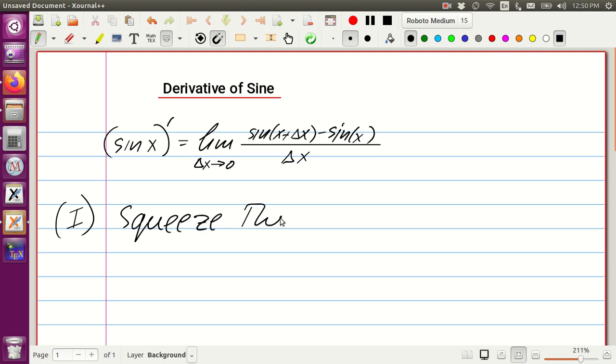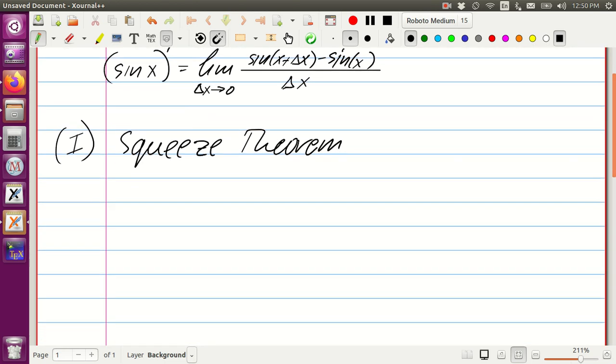So the squeeze theorem is an interesting idea. It's very hard to understand it from words, but when we look at it geometrically, it would be easy to see what's going on. So how does this theorem work?